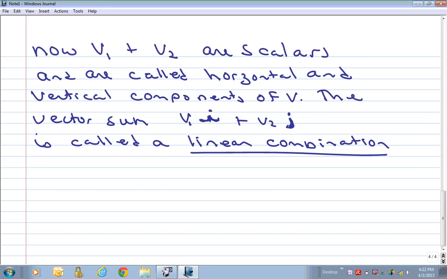We're now going to go through an example of writing a linear combination. So I'm going to show you that. Alright, so we're going to write a linear combination of a unit vector.